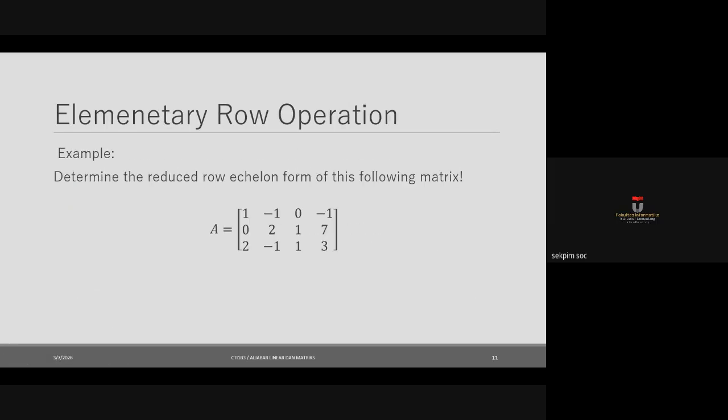I'll show you the example. Suppose that we want to determine the reduced row echelon form of this matrix.